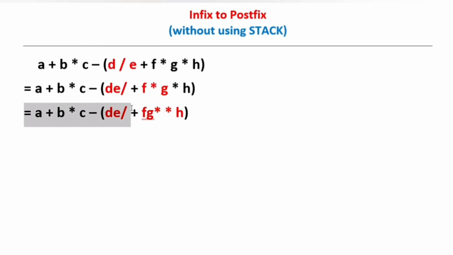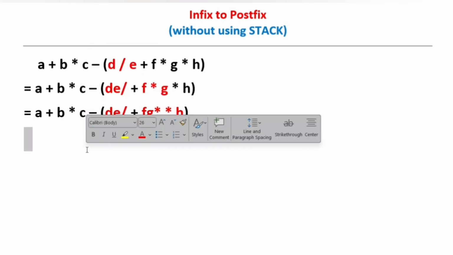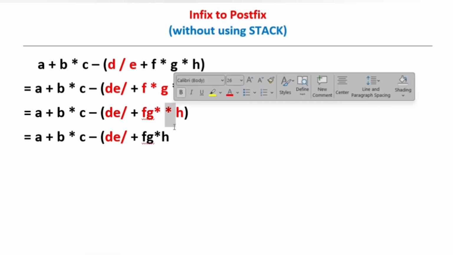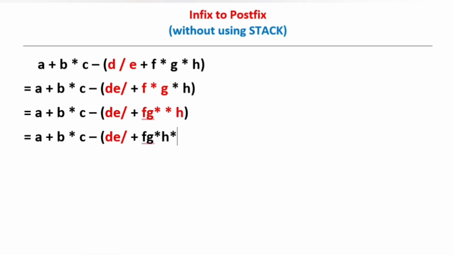From here to here, the rest of the full part will be as it is, and then FG is one operand, followed by H, another operand, then this multiply will be placed after them. Then we will close the bracket. That's all.